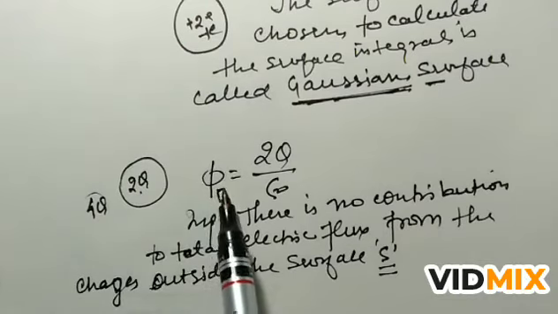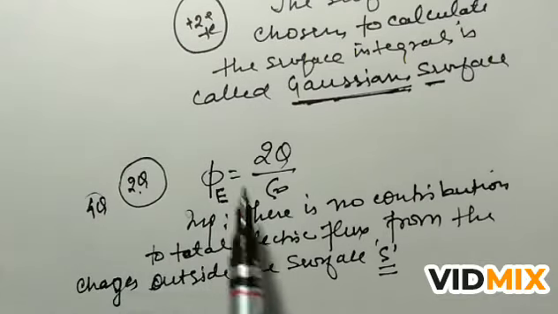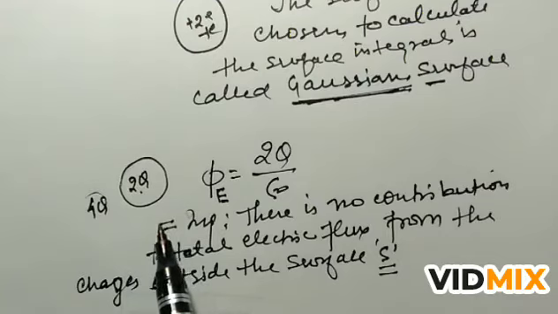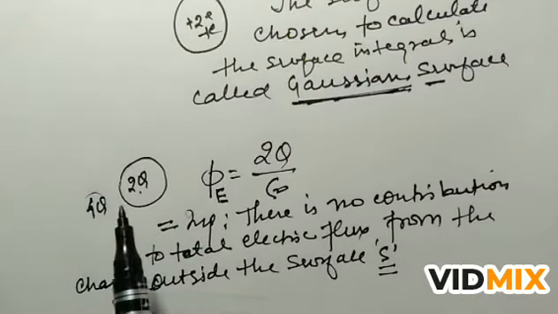The flux will be 2q by epsilon naught. So this is the very important point, that whatever charge is inside the surface, only that will contribute to the flux.